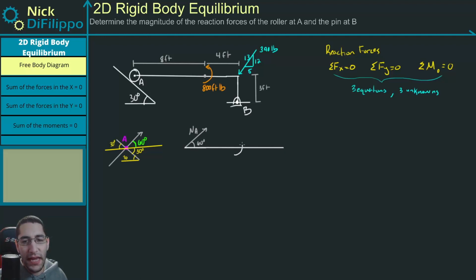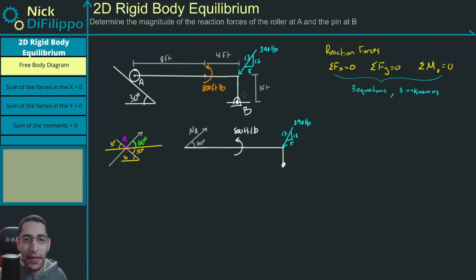I'm going to have this 800 foot-pound moment. I'm going to have this other external force that points down this way. These are easy. These are the external forces. So this is a 5, 12, 13 triangle, 390 pounds. And then finally, I have this reaction force that acts at point B.